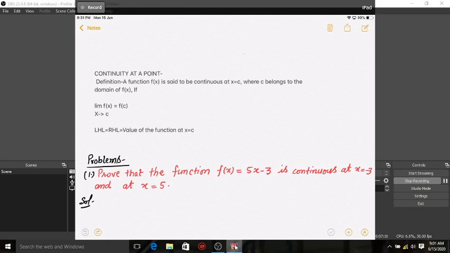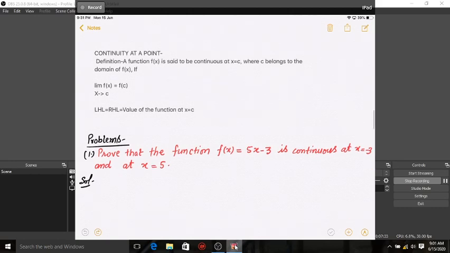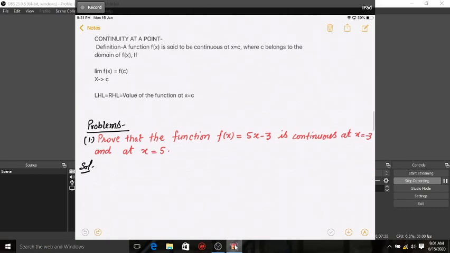It means the left hand limit and right hand limit of the function are equal, and both limits are equal to the value of the function at the given point. If all these three values are equal, then we can say at x equal to c the function is continuous, otherwise the function is discontinuous. Now I am taking some problems.